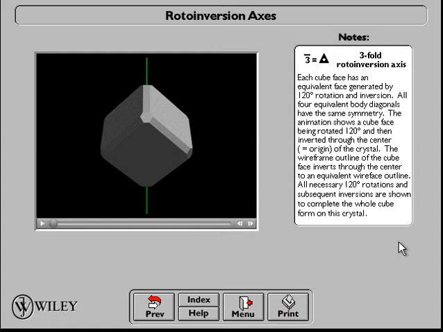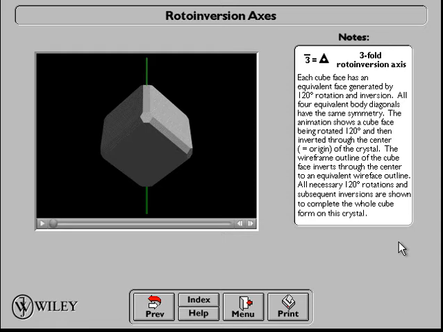Each cube face has an equivalent face generated by 120-degree rotation and inversion. All 4 equivalent body diagonals have the same symmetry. The animation shows a cube face being rotated 120 degrees and then inverted through the center origin of the crystal.